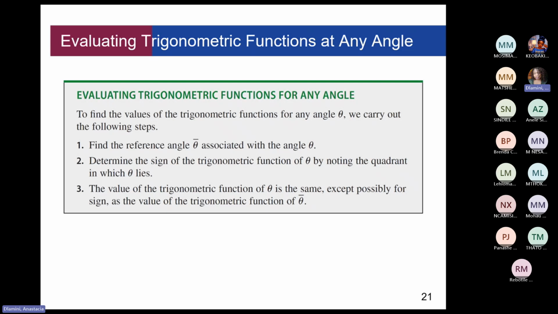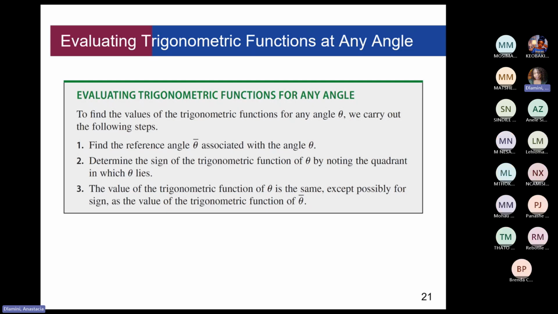To find the value of a trigonometric function for any angle theta, we carry out the following steps. First, find the reference angle theta bar associated with angle theta. Determine the sign of the trigonometric function of theta by noting the quadrant in which theta lies.